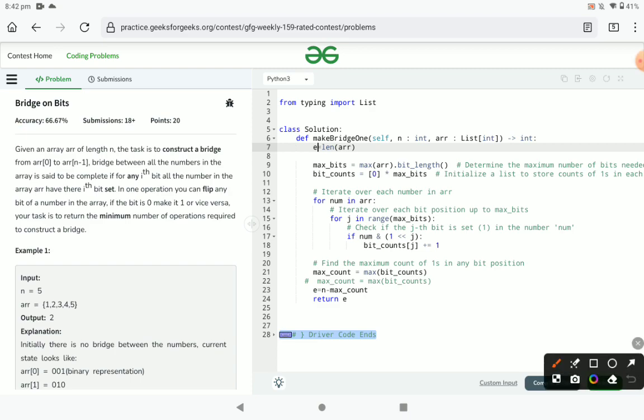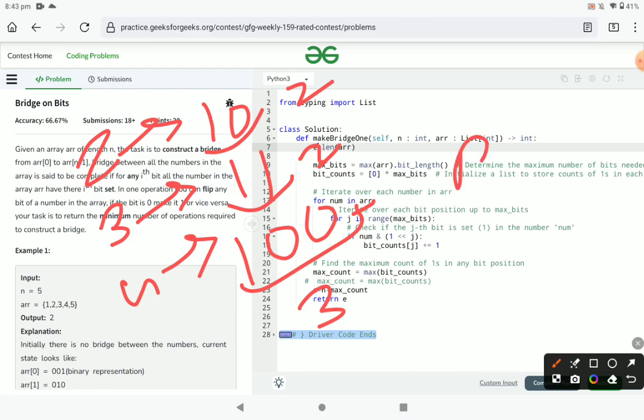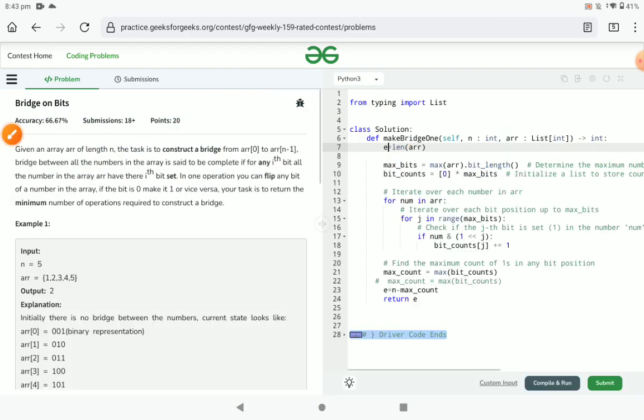How can we compare 2 bits with 3 bits? That's why we have to find the maximum bits. So the maximum bits are 3 here. That's the logic behind this.